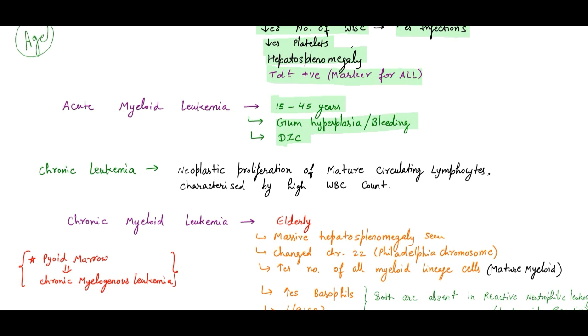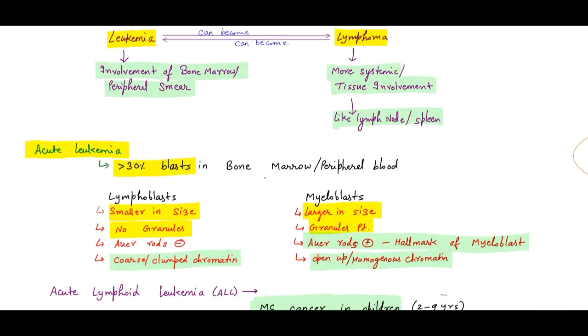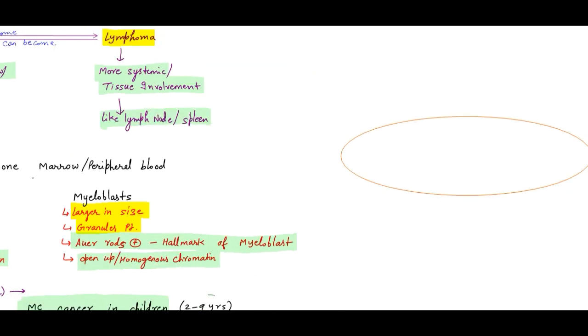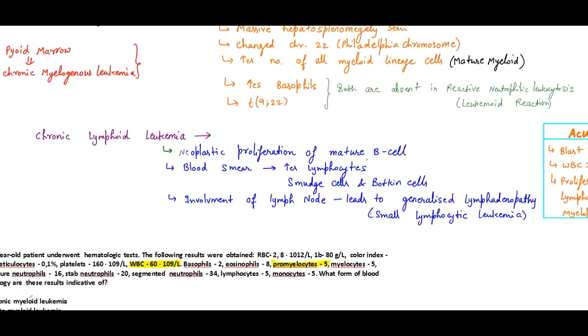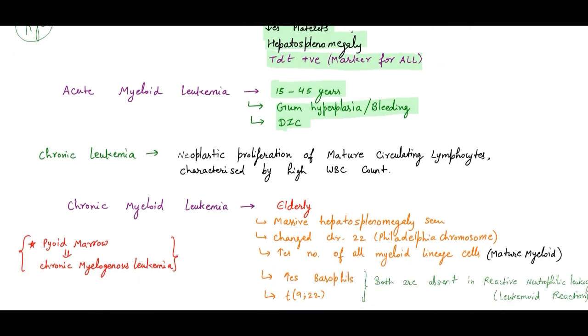Now remember, there is chronic leukemia. What is chronic leukemia? It simply means we have neoplastic proliferation of mature cells.